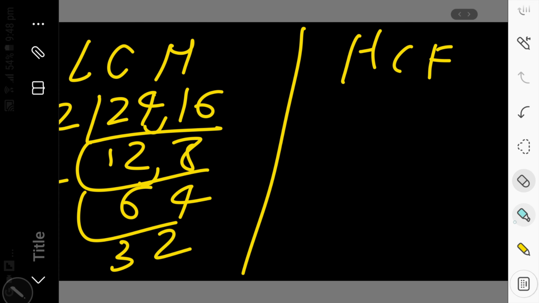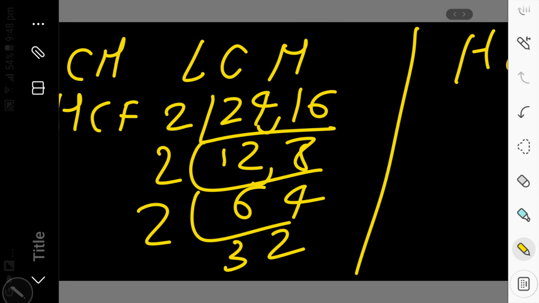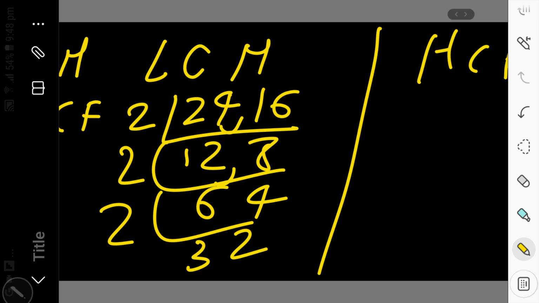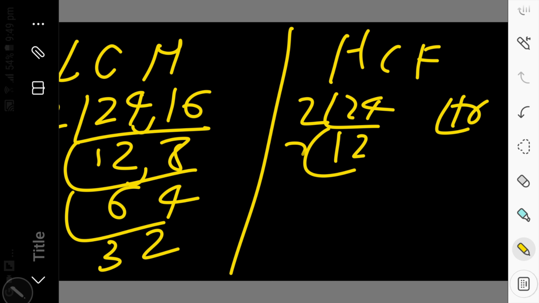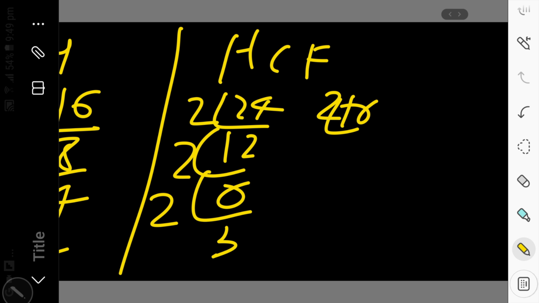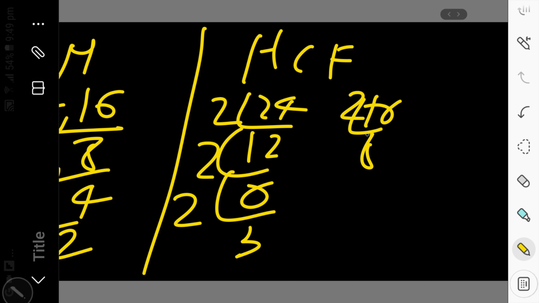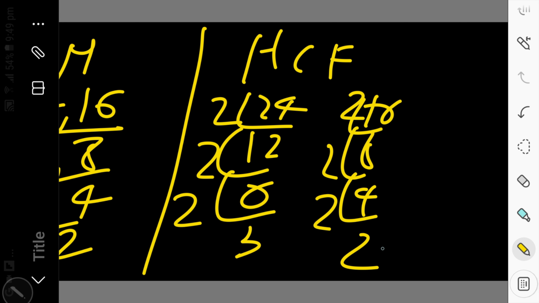And in HCF, rather than dividing the numbers together, we divide separately. 2 into 24 is 12, 2 6s are 12, 2 3s are 6, and 2 8s are 16, 2 4s are 8, 2 2s are 4.